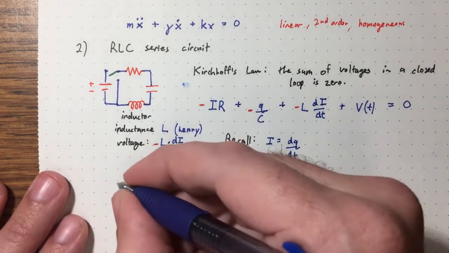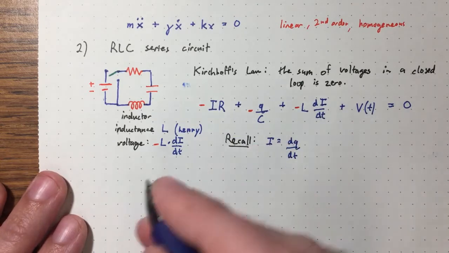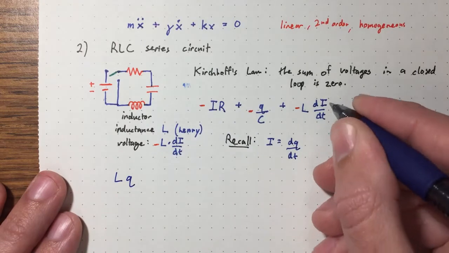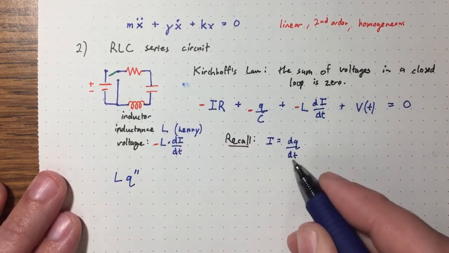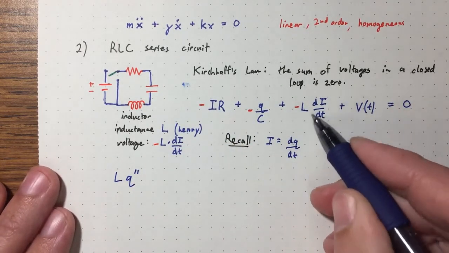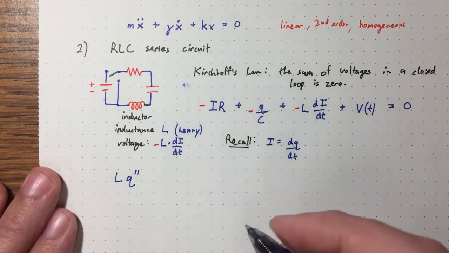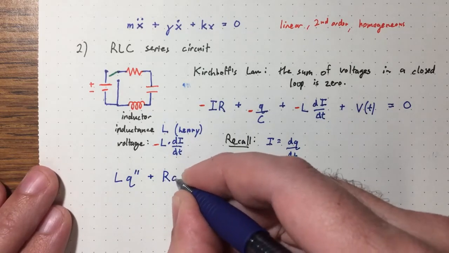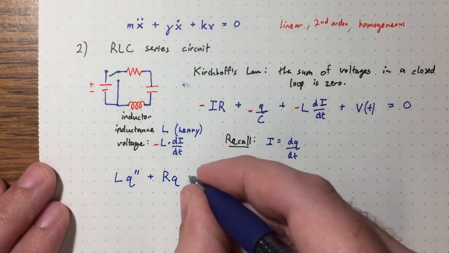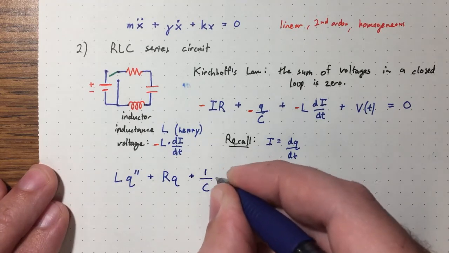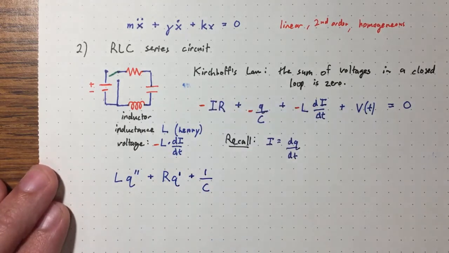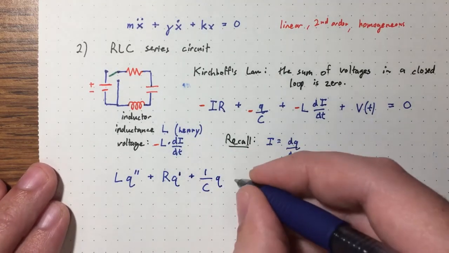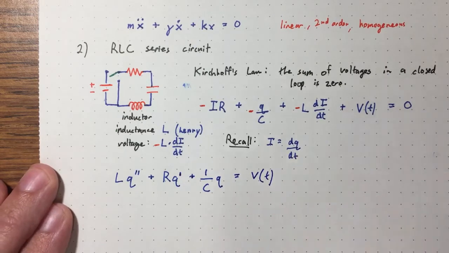Which means my differential equation is the following. So I'm just going to move all the ones with the minus sign over. So I get L times, what is this? This is Q double prime, right? Because I is already the derivative, and this is a second derivative of charge. Plus R times Q prime, because I is the derivative of Q, plus 1 over C times Q, and that's going to equal V of t.